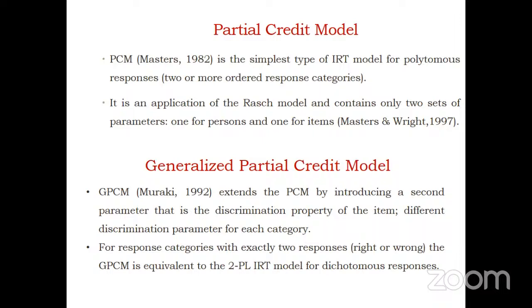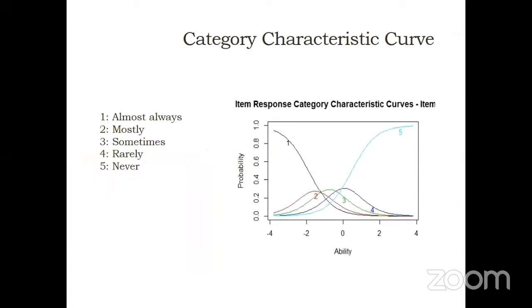If you have 5 different response options, out of those 5 options, which one has the highest probability of getting endorsed by the respondents? That is what we are considering.